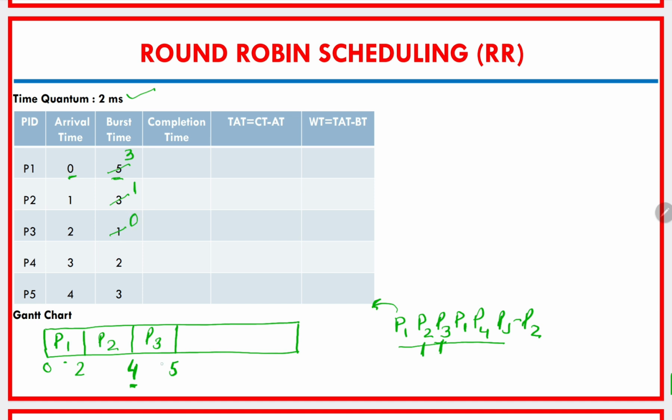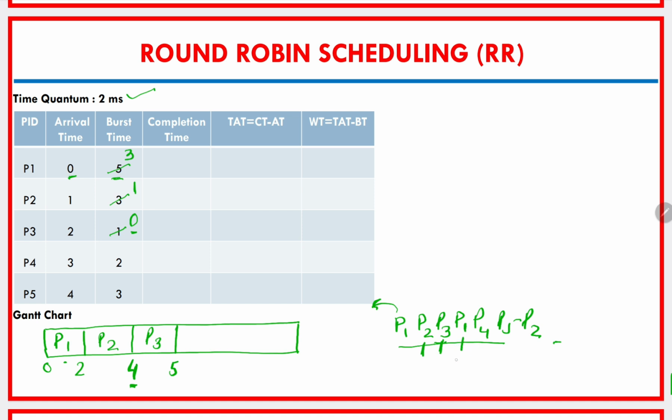I have set the remaining value to 0 because P3 has completely executed. Because P3 has completed, it need not move into the ready queue, because P3 has terminated. Now, which process is in the ready queue, or who will get the turn now? If you see over here, it is P1.